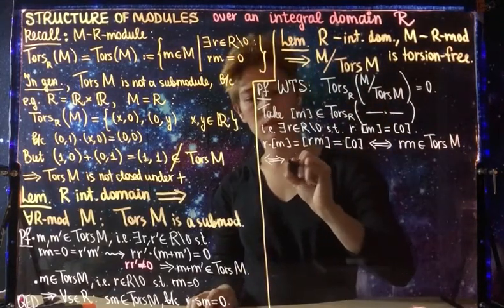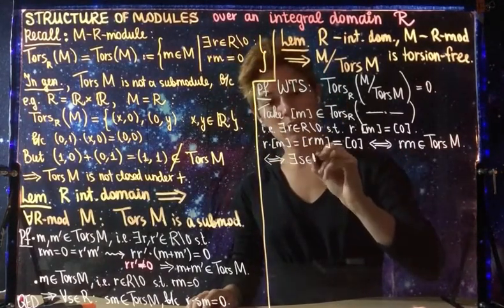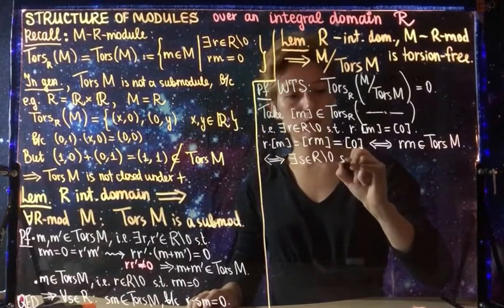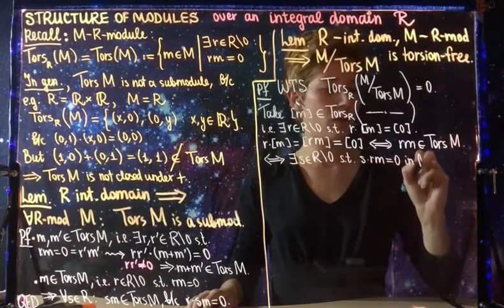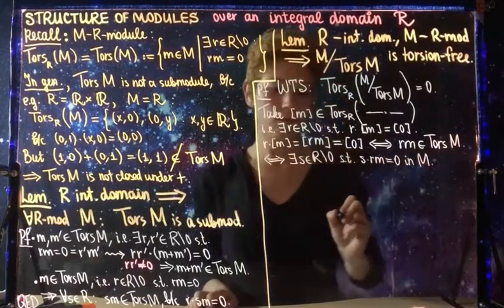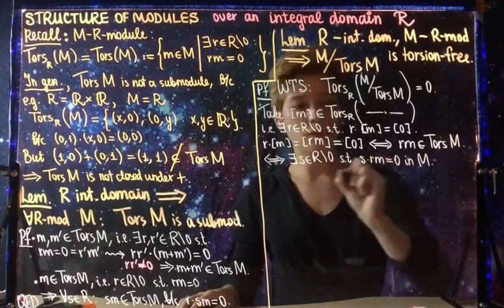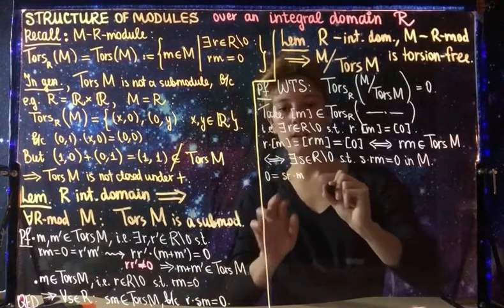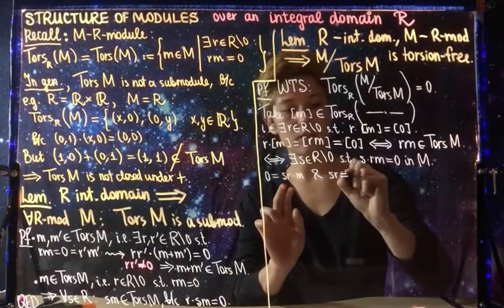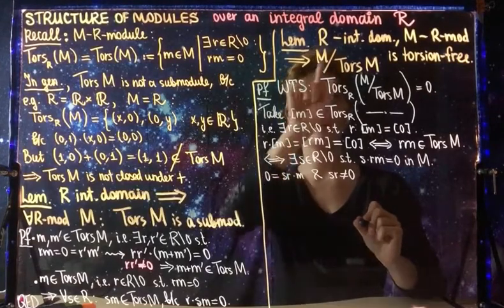which means further, since rm is torsion, that there exists a non-zero scalar s such that s times rm is equal to 0, this time in M. But now note that s times rm is equal to sr times m, and sr is non-zero because both s and r are non-zero and R is an integral domain.